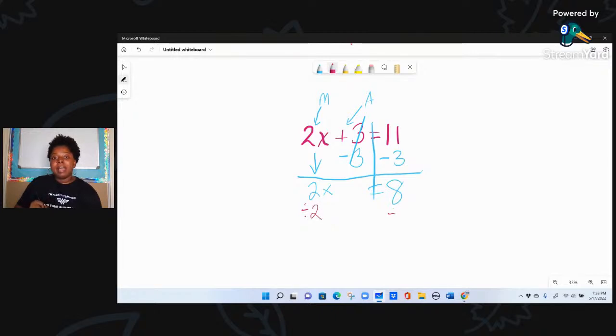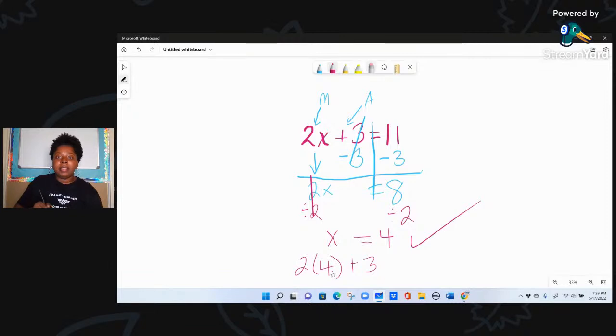We're going to divide by 2 on both sides. 2 divided by 2 is 1, and 1 times x is x. The answer is x equals 4. To check your work, plug it back in. If x equals 4, then 2 times 4 plus 3 should equal 11. 2 times 4 is 8, 8 plus 3 is 11. I know my answer is correct.